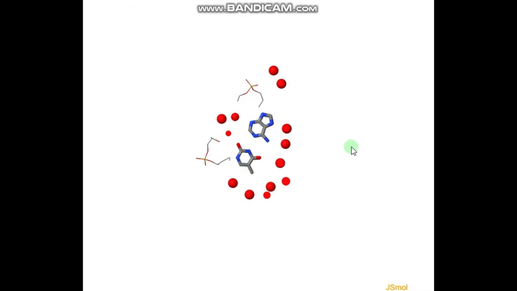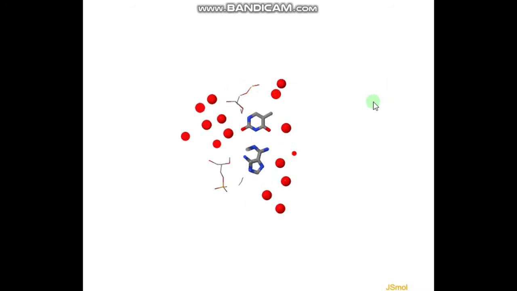So here you can see an individual base pair. And we've just sliced thinly through the structure, so there's a bit of the backbone there on the outside as well. And you can see there are a whole bunch of water molecules there. And we could move through the structure like that, just looking at different slices. So there's another base pair, again with a bunch of waters around it.